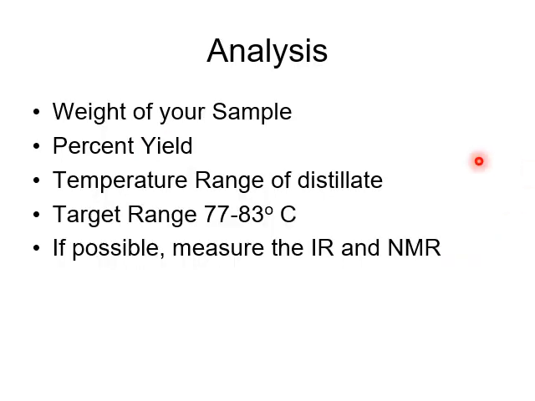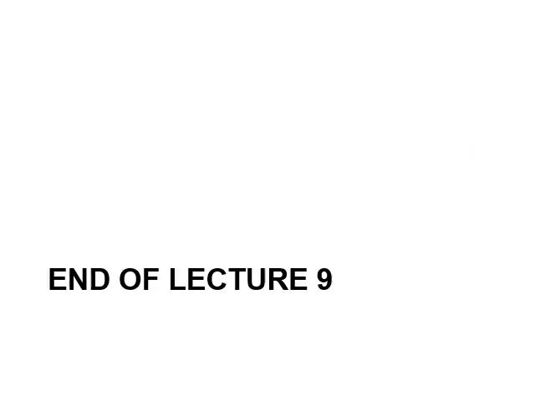About the analysis, you can weigh your sample, calculate the percent yield, and check the temperature range of the distillate; the target range is 77 to 83 Celsius. You can also do some tests using IR and NMR for your product.